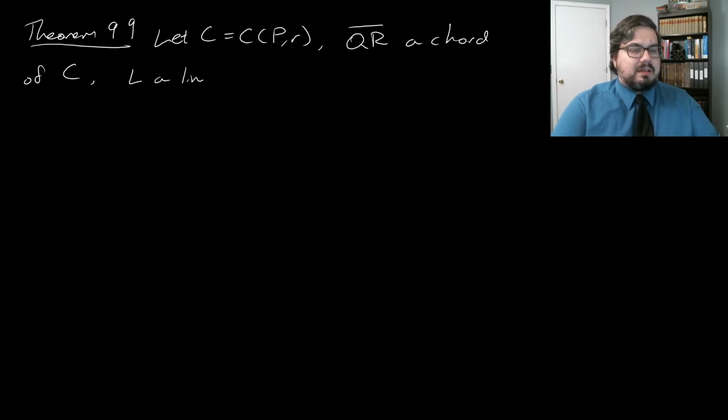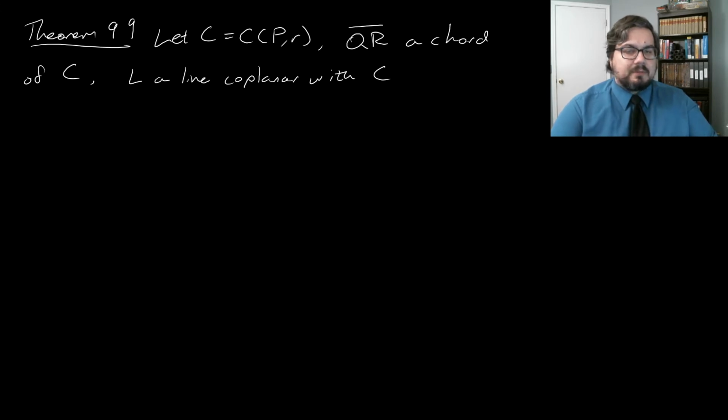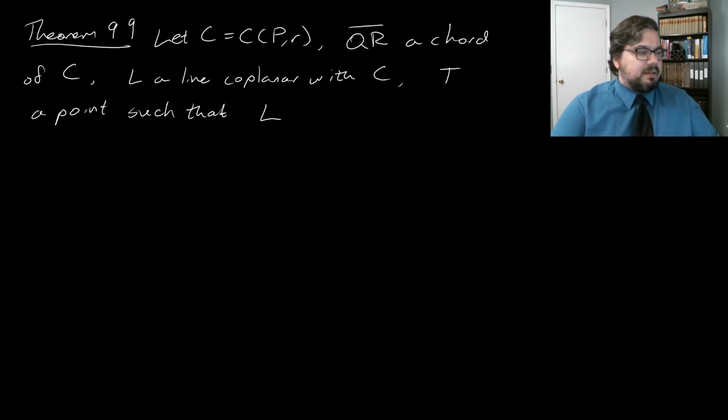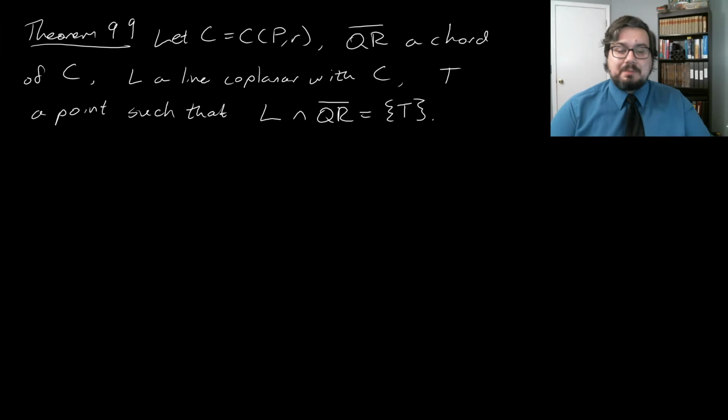L a line, coplanar with C, and T a point such that L intersect the segment QR equals only T. So in particular, the segment QR can't be a subset of L or anything like that.